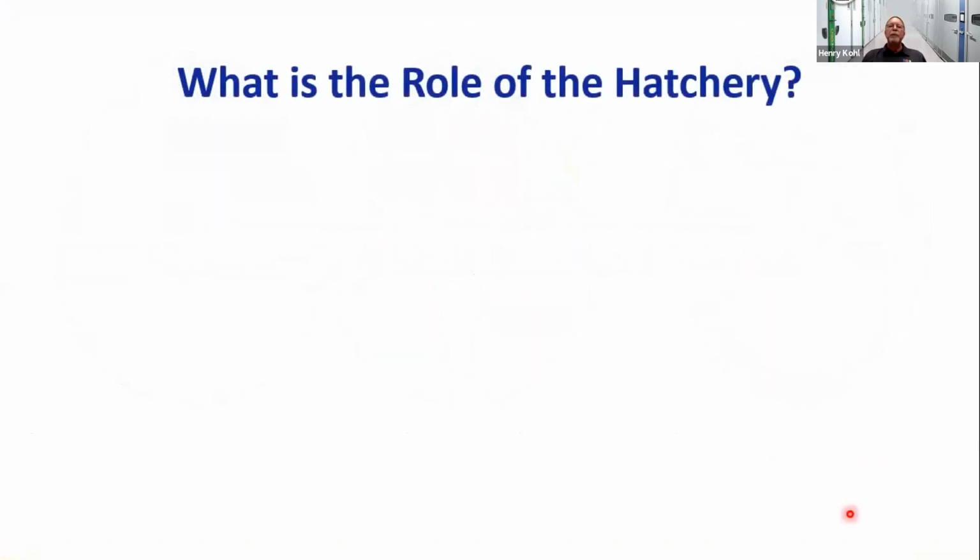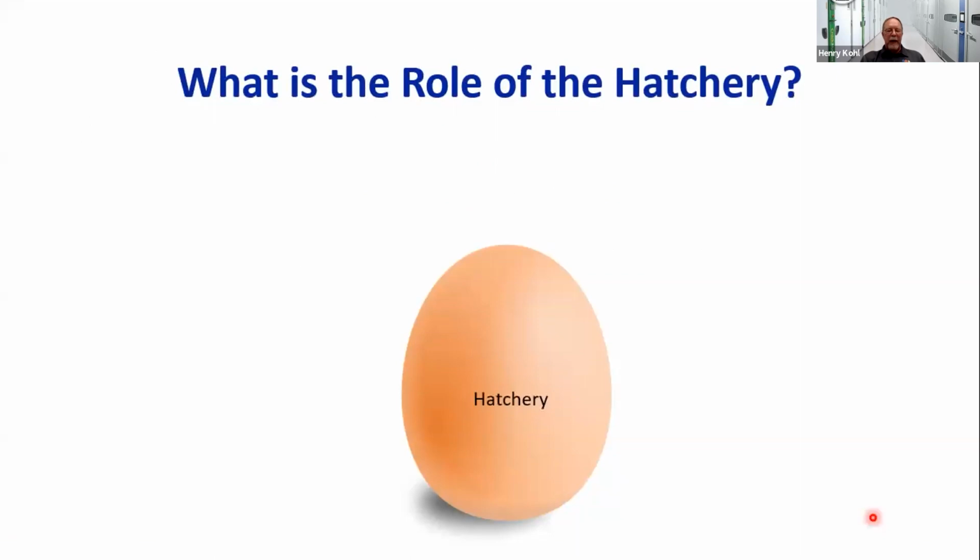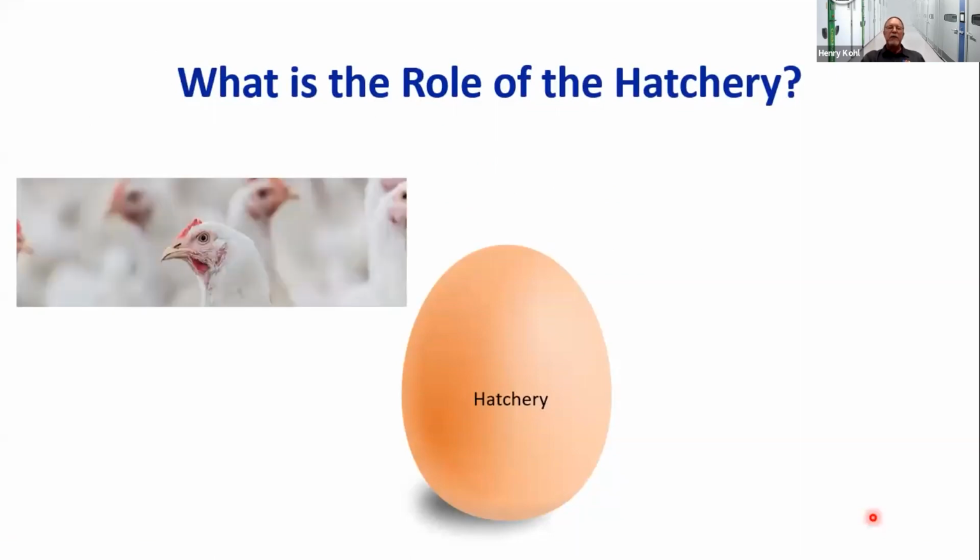There we go. So what is the role of the hatchery? The hatchery plays a key role in the flow of relevant information upstream to the breeder department with such things as fertility. The hatchery is usually the place where a lot of the fertility checks are done for a particular breeder flock.